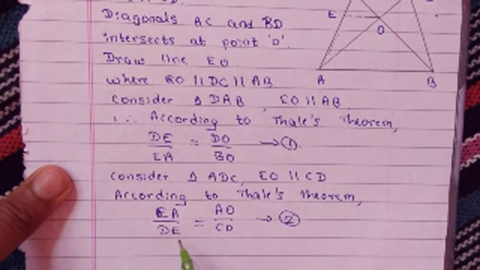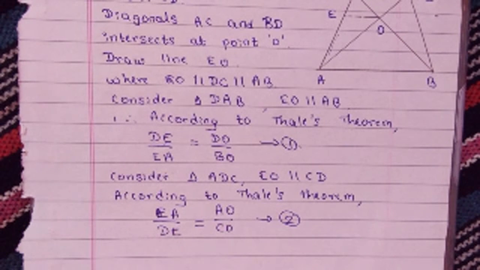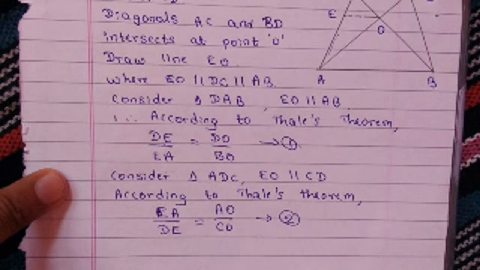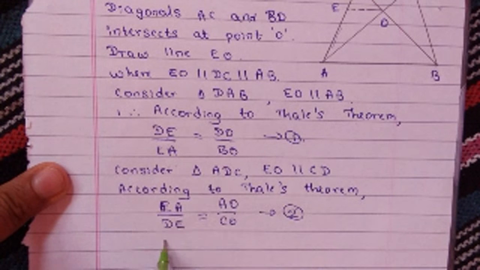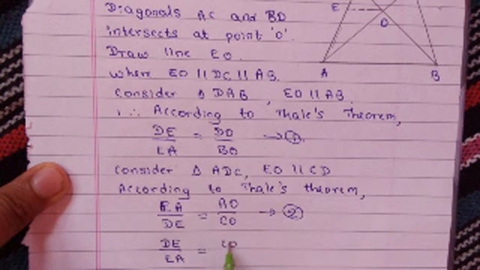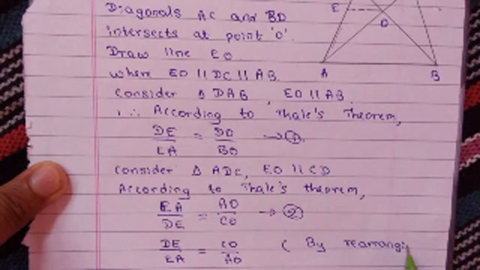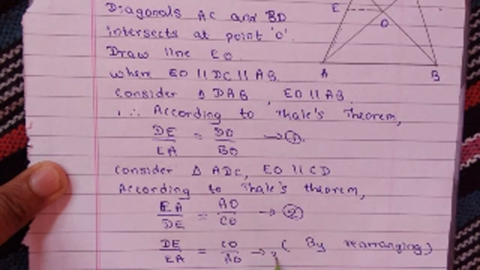Here we have DE divided by EA in one and EA divided by DE in the other. So by rearranging, I will interchange the numerator and denominator of equation 2. It becomes DE divided by EA is equal to CO divided by AO. I will call this equation number 3.